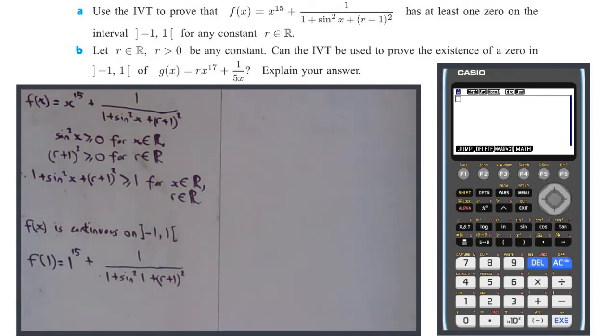Now we need to think about what value of this would make... we're trying to bound f of 1 and show that whatever the bounds are, it gives the same sign. So you think what value of r would maximize this f of 1, and what value of r would minimize it? If you want to find the biggest possible value, because we're adding this fraction part, you want this fraction to be as big as possible.